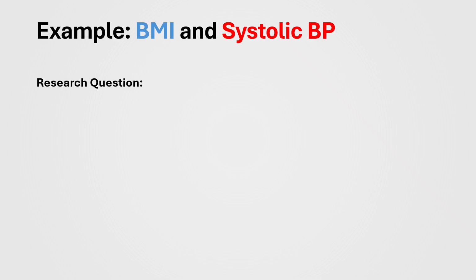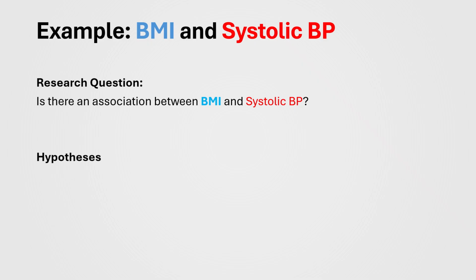Let's consider this research question. Is there an association between our one predictor, that is BMI, and the systolic blood pressure, our continuous variable outcome of interest? In this case, the null hypothesis would be that there is no association, that is, the slope beta 1 will be 0.